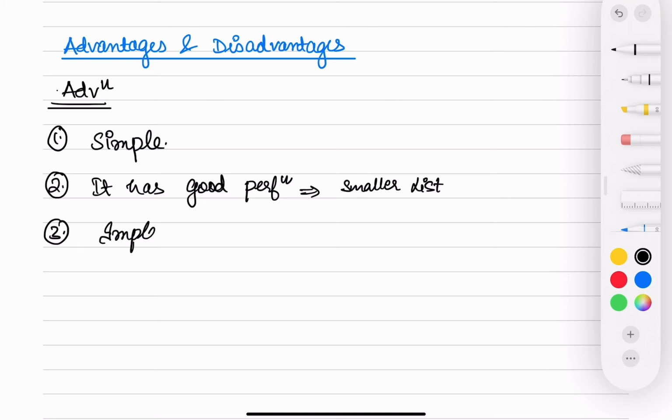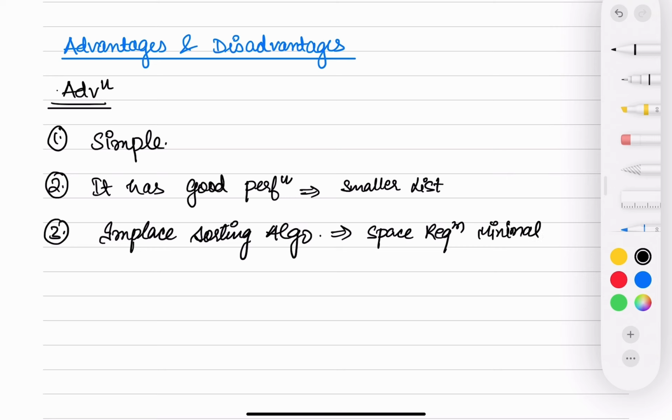In-place sorting algorithm, so the space requirement here is minimal. And if you have seen one more important observation while doing the examples, don't you think it's a stable algorithm? For example, let's say I have 12, 5, and 8.